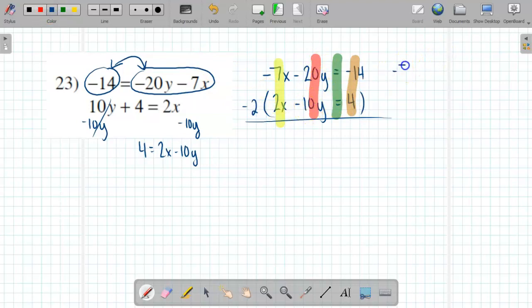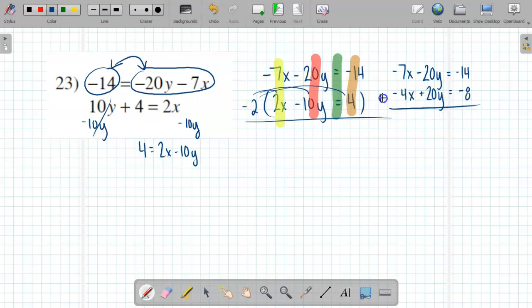So I'm going to say negative 7x minus 20y equals negative 14. And then right here, I'll get negative 4x plus 20y equals negative 8.